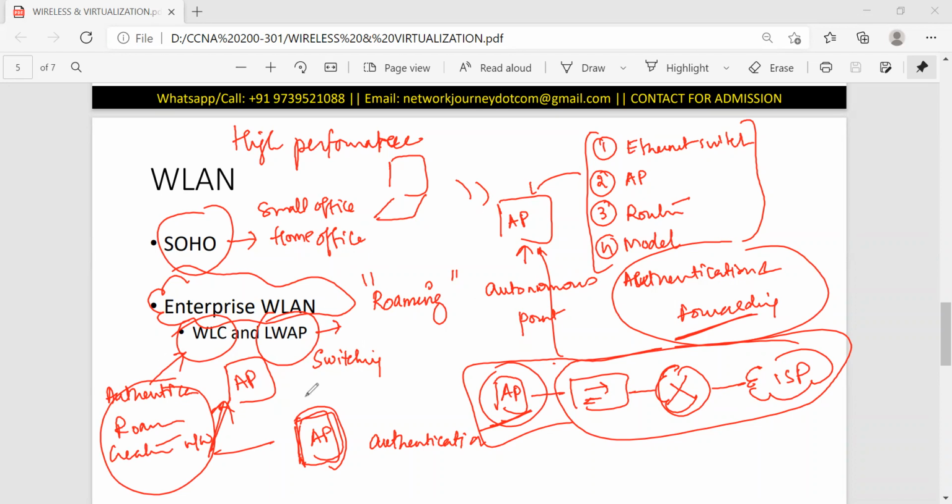So whatever communication is related to authentication and roaming etc. will be passed to the controller, and the controller is going to take that task, allowing the access point only to do the forwarding of traffic job. Okay, so in an enterprise wireless LAN we make use of controllers and lightweight access points for communication. So this was all about the wireless LAN, guys.